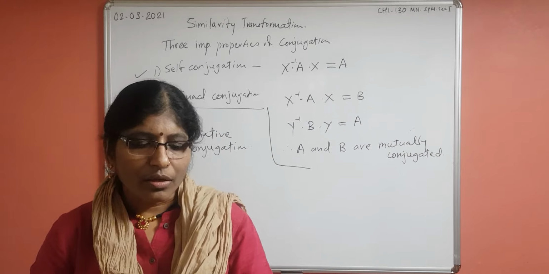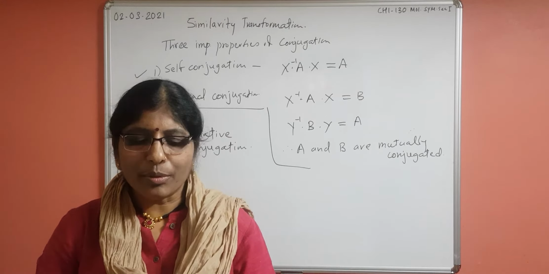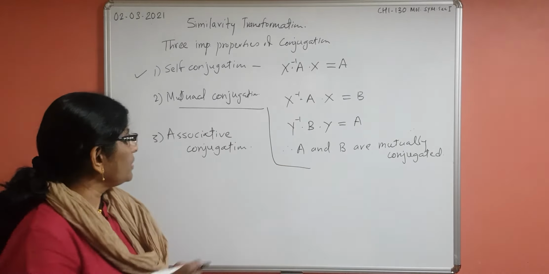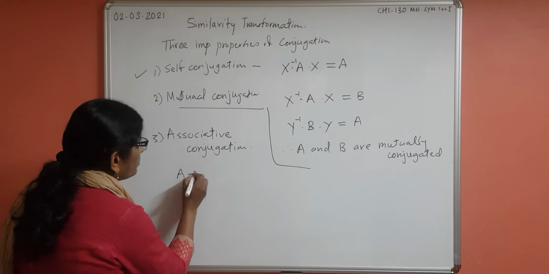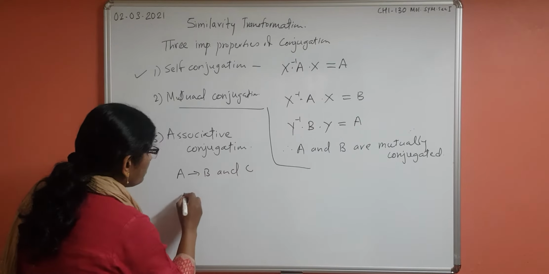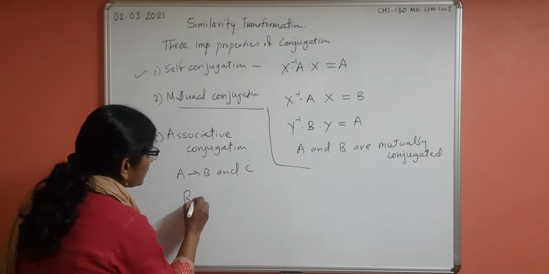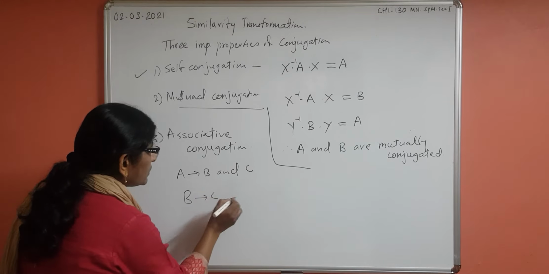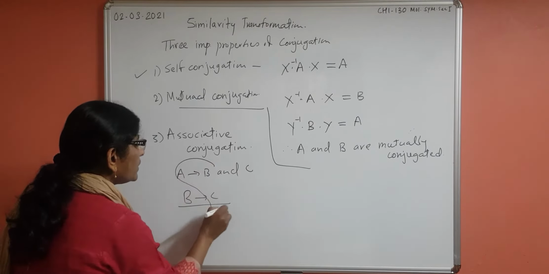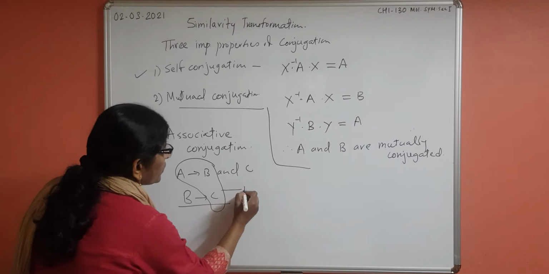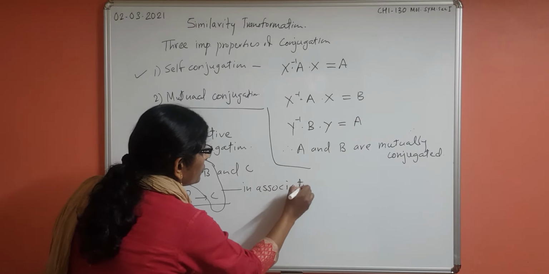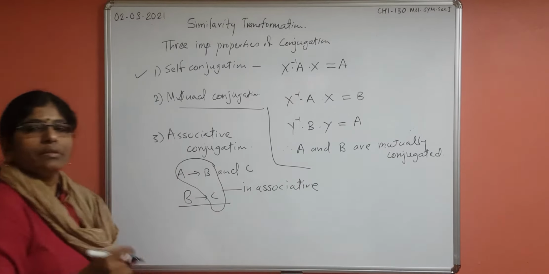A set of elements which are conjugate to one another is called a class. So if A is with B and C, then B and C are themselves conjugated with each other. So all these three will be in associative conjugation.